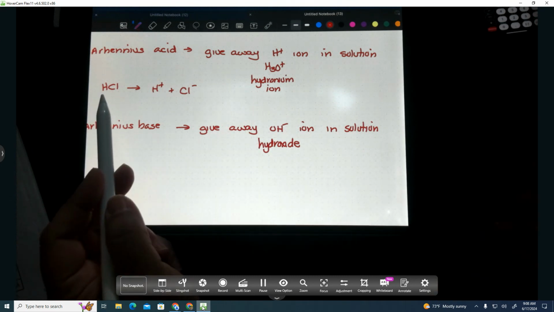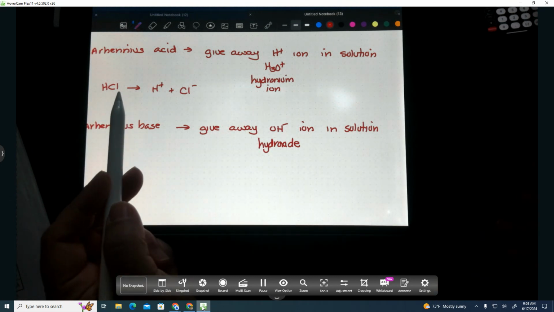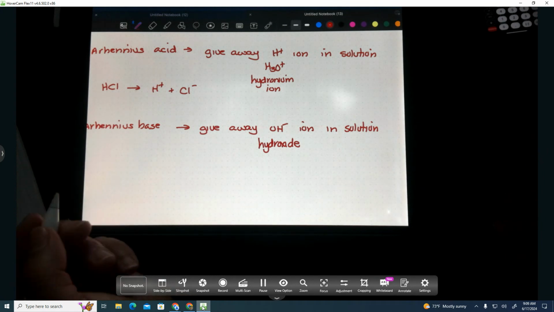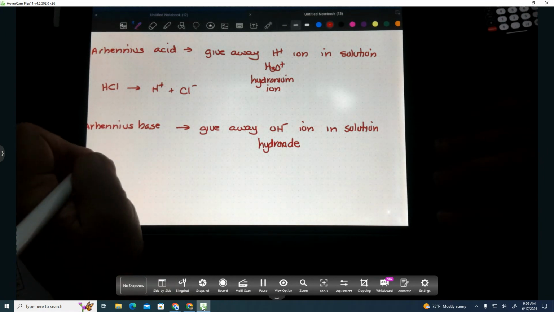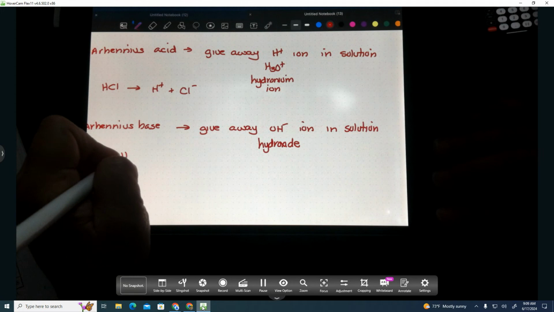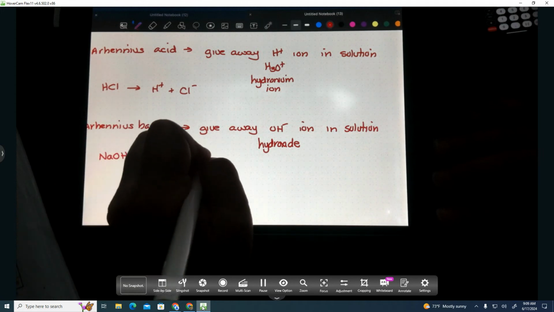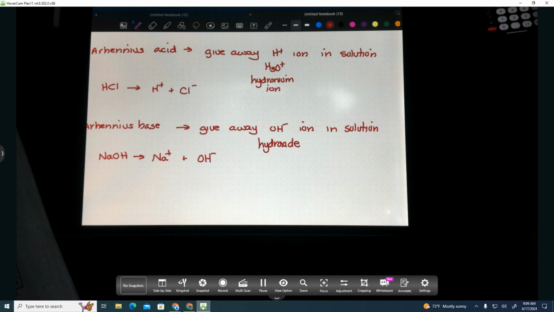That means break it into its positive and its negative. Arrhenius bases will dissociate into a metal ion and a hydroxide. That's how you know you're dealing with a base. It must be a metal and an OH.